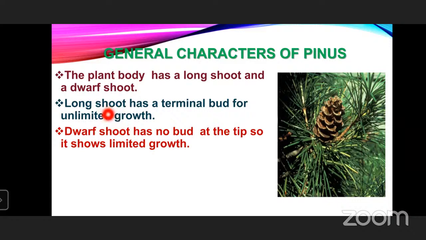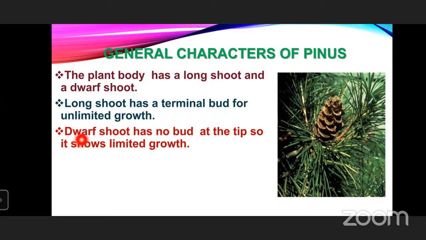Once again, I repeat this point. Long shoots show unlimited growth, and that unlimited growth takes place by the presence of the terminal bud. That's why long shoots are called branches of unlimited growth.